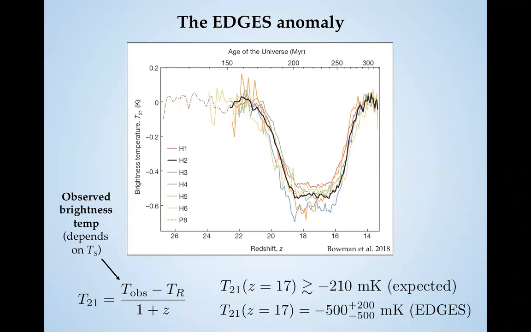That's a way to interpret this. Seeing an absorption feature was not unexpected, for reasons that I'll explain on the next slide. But the depth of the feature did come as a surprise, and the discrepancy is at the level of about 3.8 sigma.